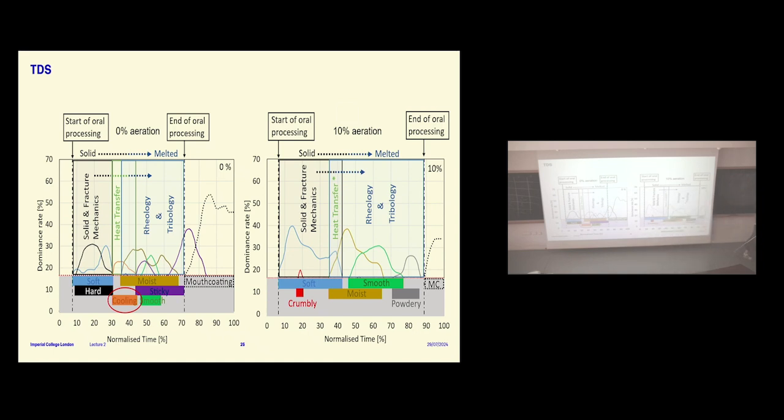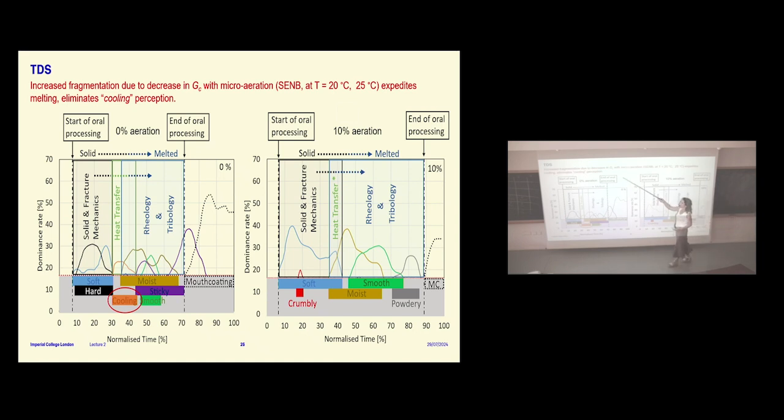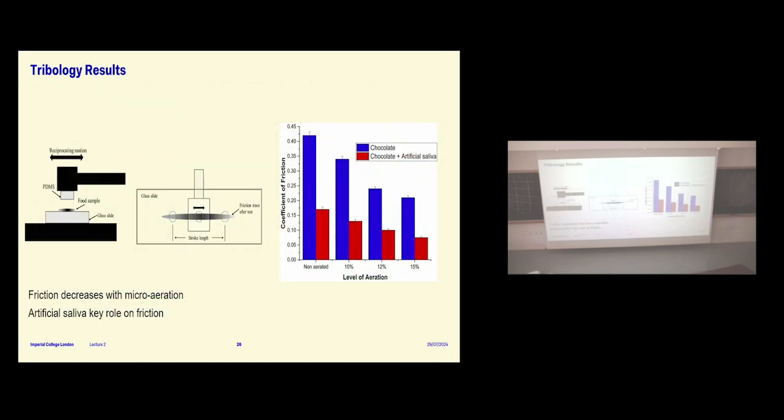So the hypothesis is that because the GC, the toughness, has decreased, we had increased fragmentation, as we showed in the results, which meant you get more smaller particles, which expedites the melting, as I showed you earlier. It speeds up the melting, and therefore you don't even sense it here. This is what eliminated the cooling sensation in the micro-aerated chocolate.